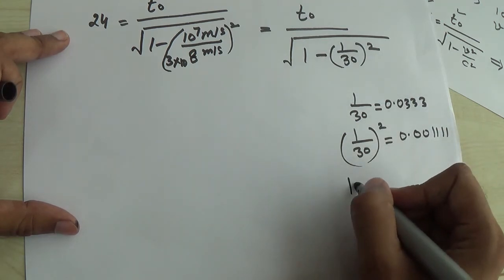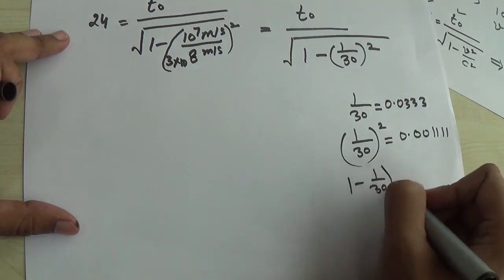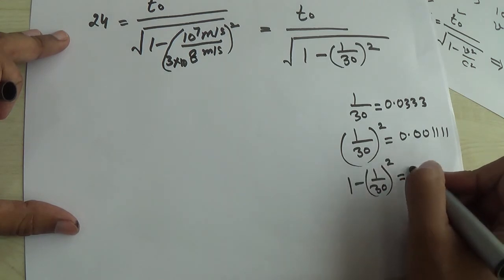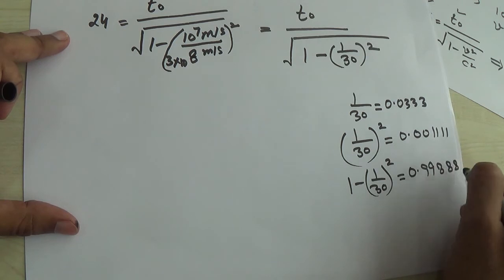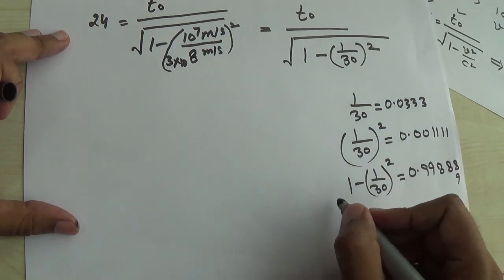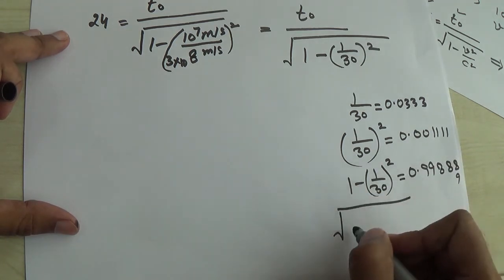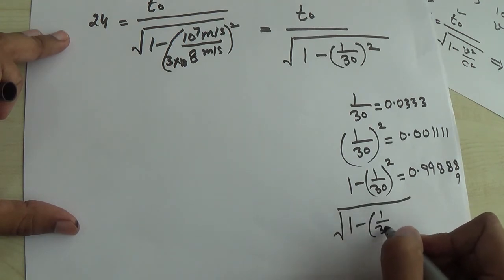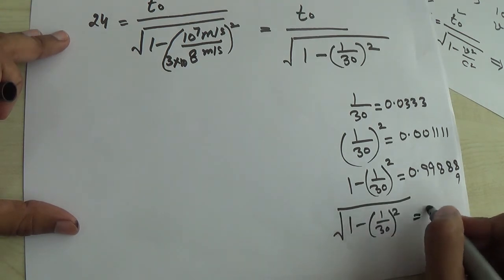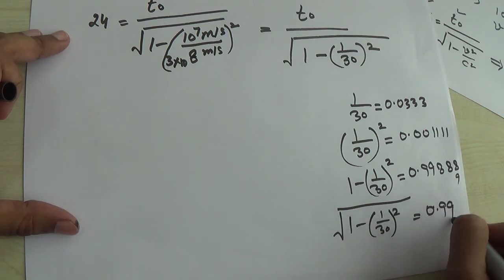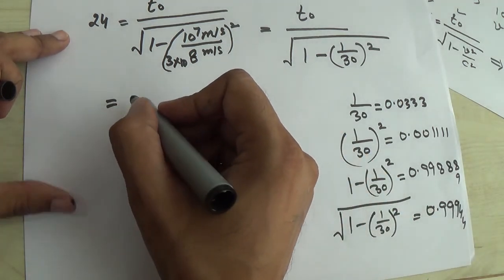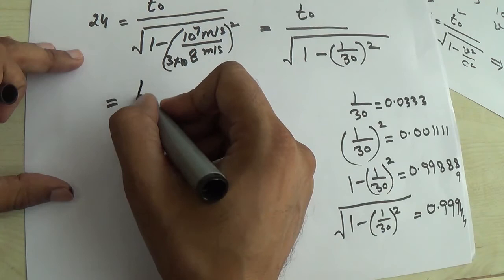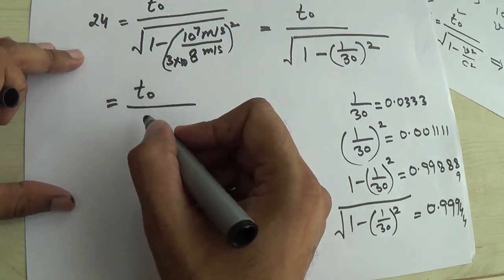Then 1 minus 1 upon 30 whole square is equal to 0.998889, and then its square root is 0.9994.